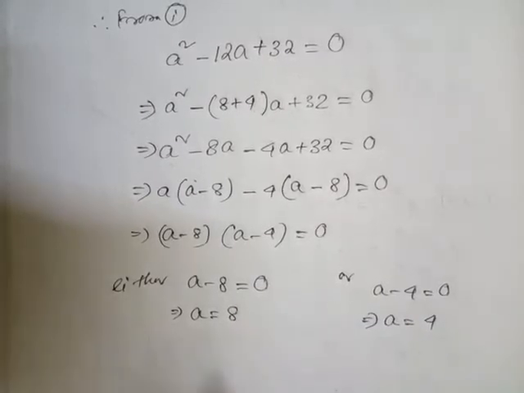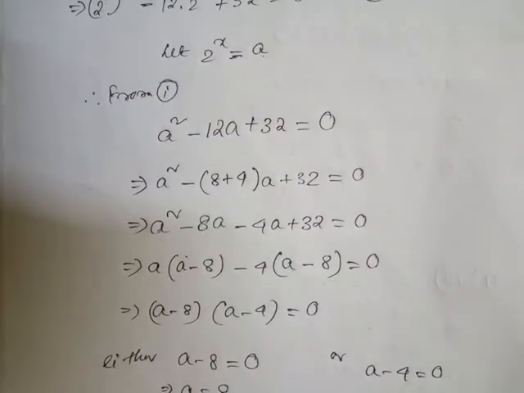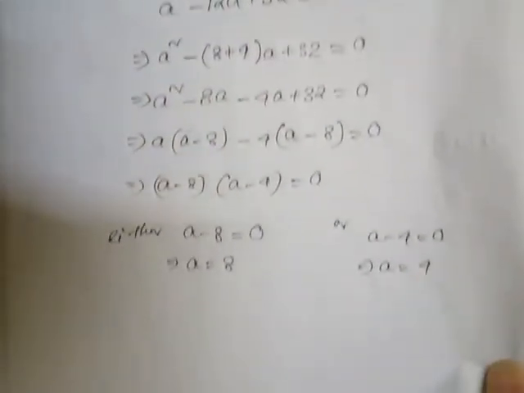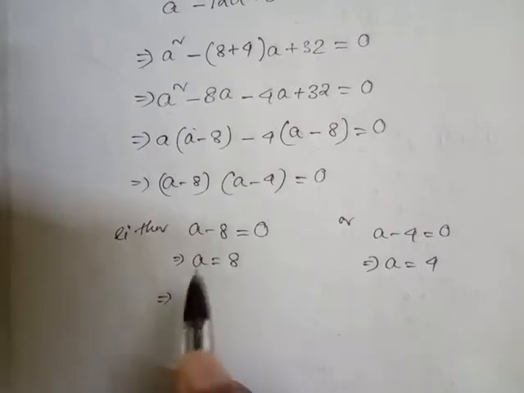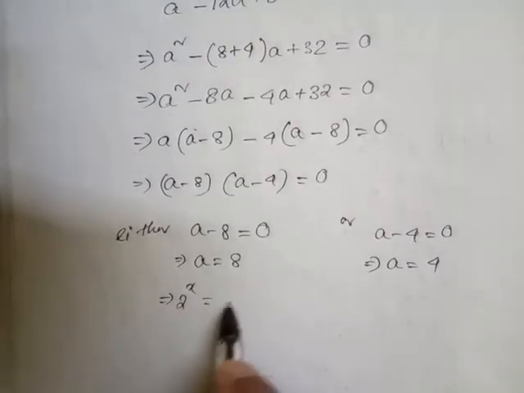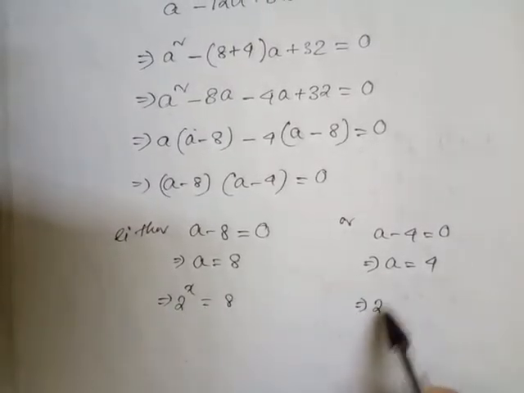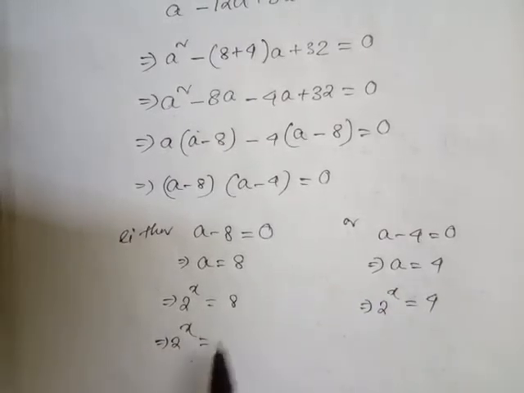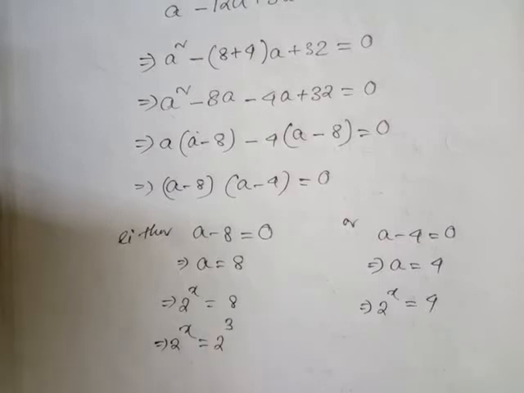Now here I will put down the value of a. Look here student, now what is the value of a here, 2 to the power x. So we'll put down the value of a here only. So look student, in place of a, 2 to the power x equal to 8, and 2 to the power x equal to 4, so 2 to the power x and 8 can be written as 2 cube.